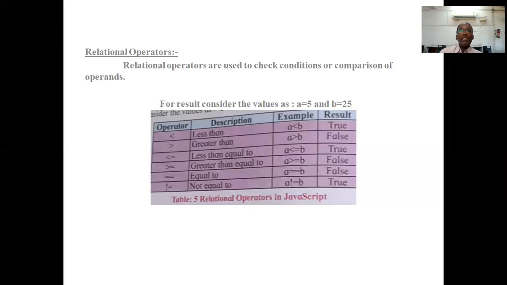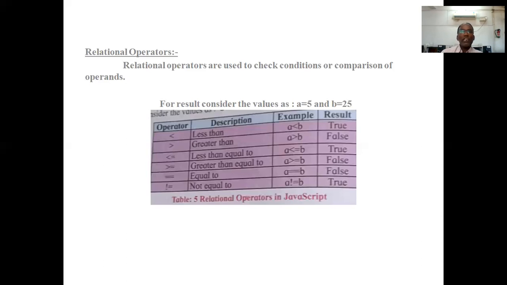A is less than B, 5 is less than 25. So the result will be shown as a Boolean value, that is true.